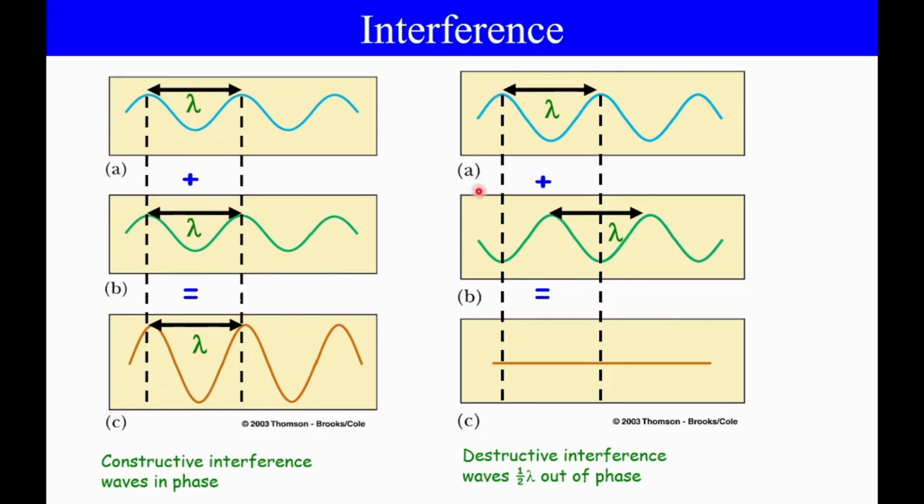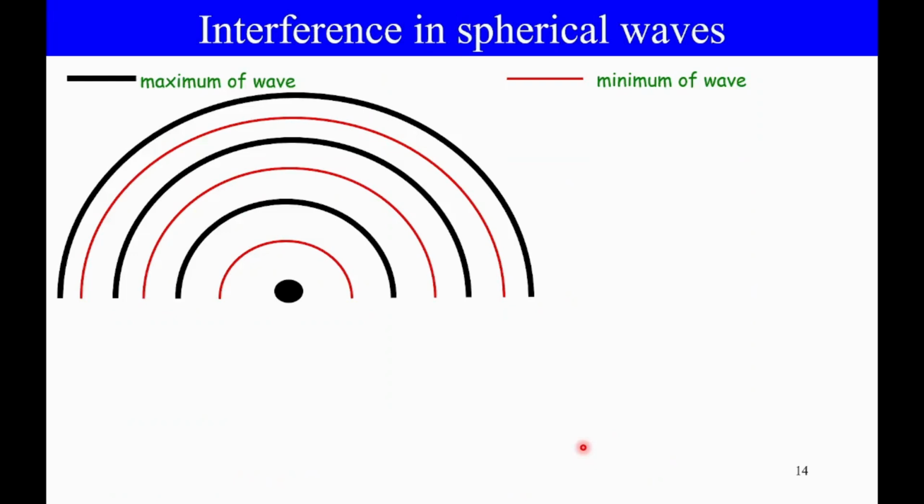The crest of one wave will meet the trough of another wave. It will give a resultant wave whose amplitude is equal to the difference of the amplitudes of the first wave and the second wave. Because of this process, it will give destructive interference. This is another diagrammatic representation of interference.